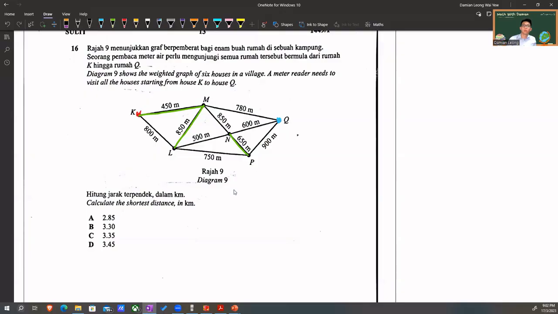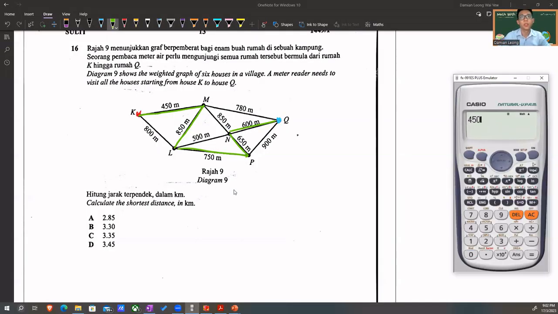Or this way. Yeah, this way is actually shorter. So if I count the total distance, 450 plus 850 plus 750 plus 650 plus 600, 3.3.